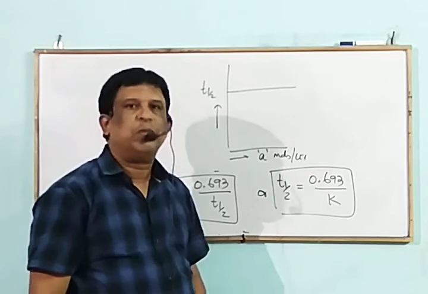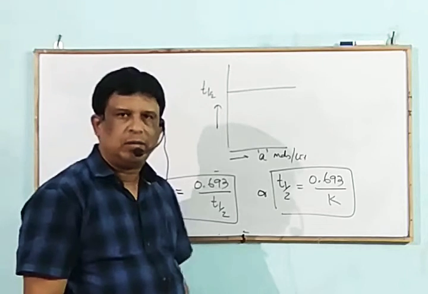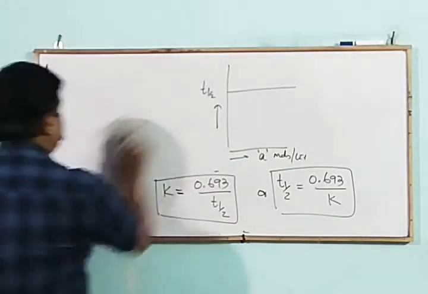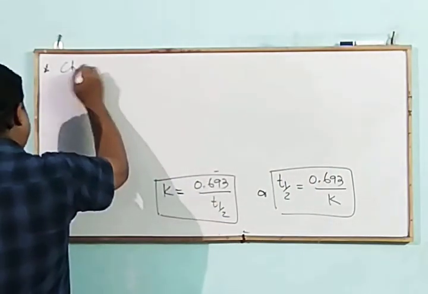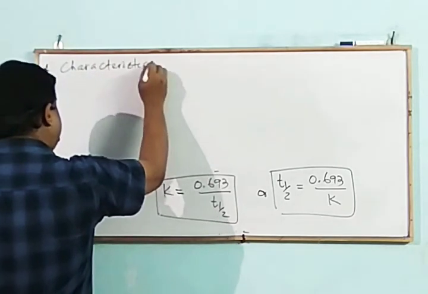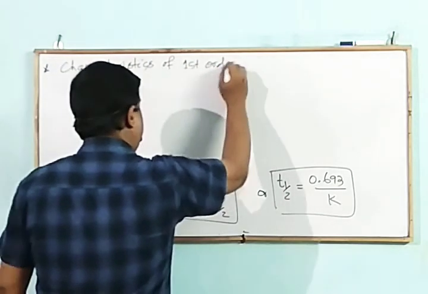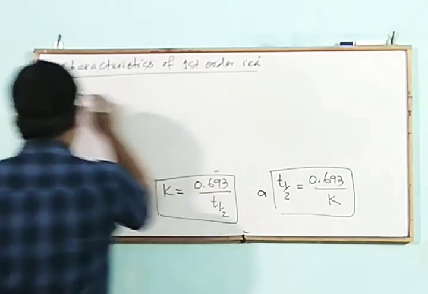Next we go through some characteristics of first order kinetics. There are two to three points.